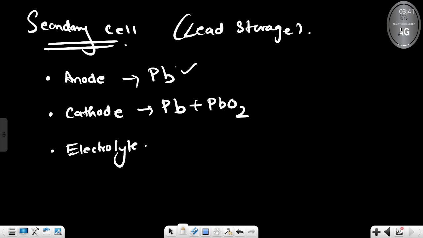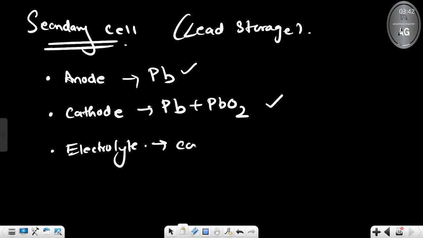So the cathode is having PbO2, and the anode is having only lead.